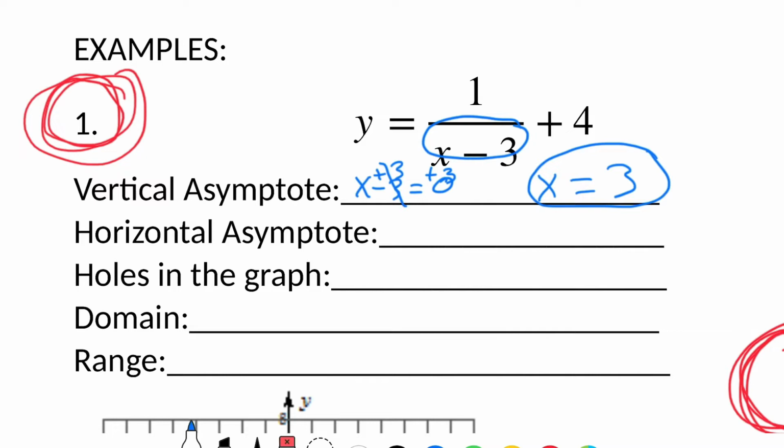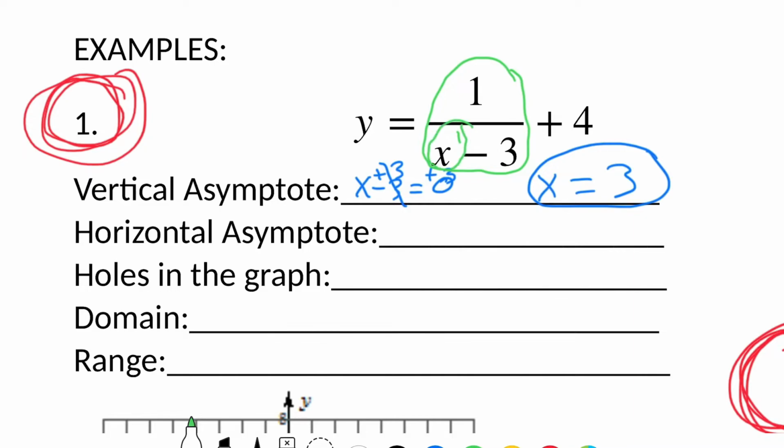Now, our horizontal asymptote. Going back to our fraction, 1 over x minus 3, where's our biggest exponent? Well, our biggest exponent is in the denominator because there is no variable or exponent in the numerator.